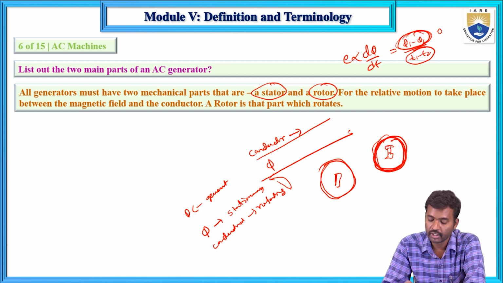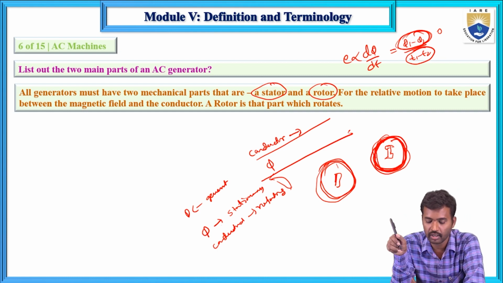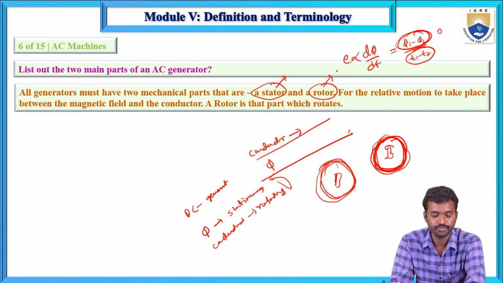The rotating flux cuts the stationary armature conductors, so there is a change in flux and a rate of change of flux, and induced EMF will be developed in the stationary armature conductor. In a DC generator, the armature conductor rotates. The most important parts are stator and rotor. In the AC generator, the stator part is the armature and the rotor part is the field winding.